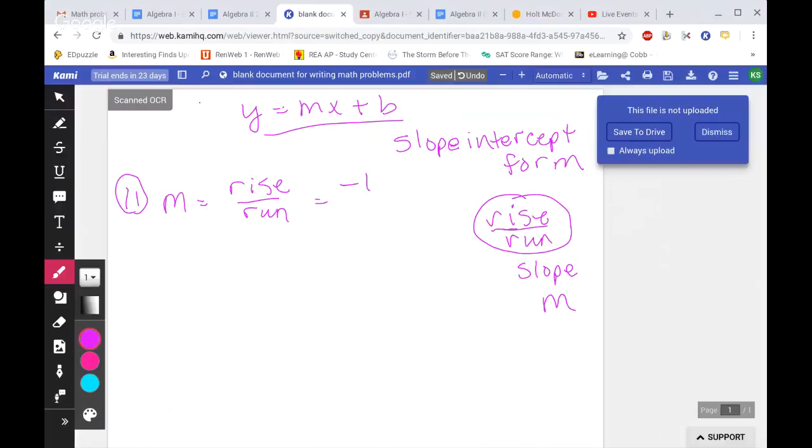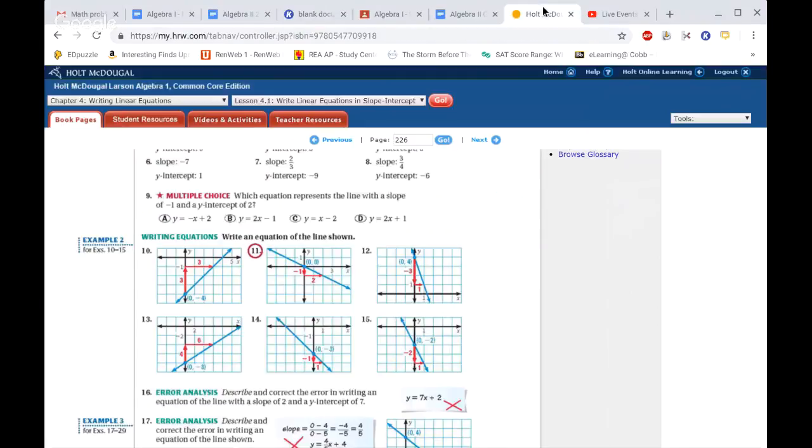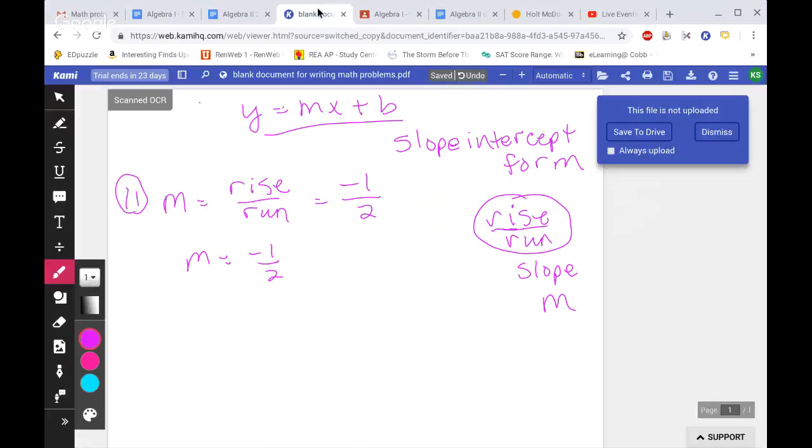Good job. So that means M equals -1/2. Where does this line cross the y-axis? 0. Yes, good job. So the B is 0.